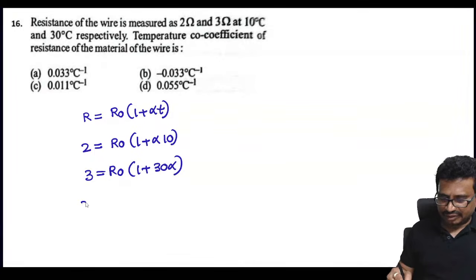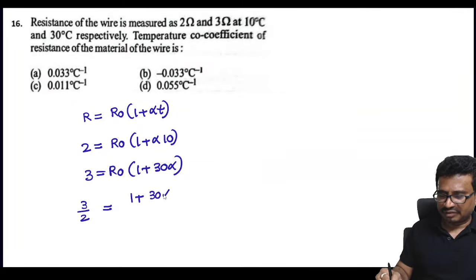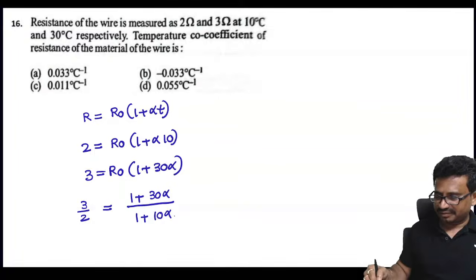If I take the ratio, 3 by 2 equals 1 plus 30 alpha by 1 plus 10 alpha.